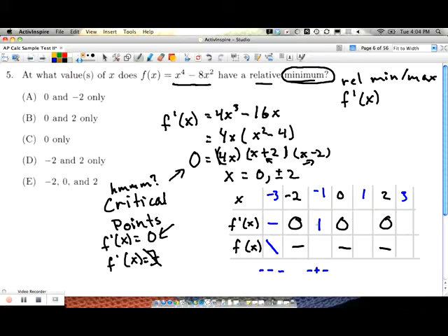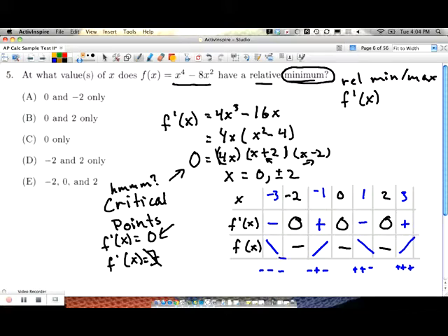Multiply all those together, you get a positive value, which means that our function is going to be going up. When I plug in 1 into this, I'll get a positive, then a positive, and then a negative. That means I'm going to go back down. And then this last one here is going to be positive, positive, positive, which means I go back up.